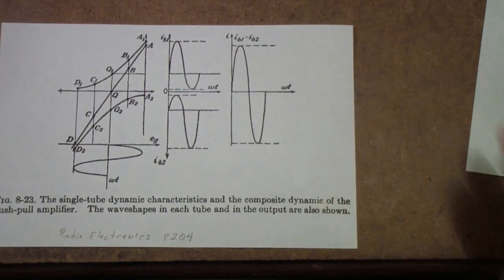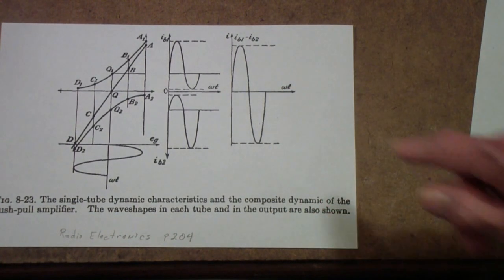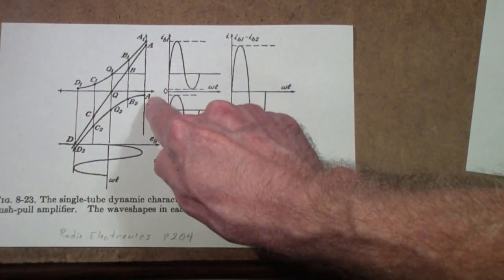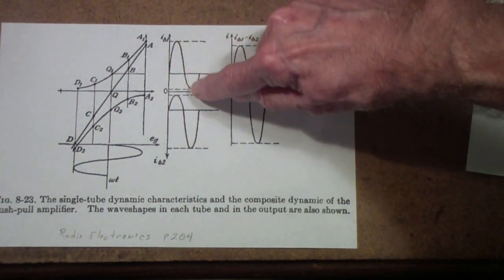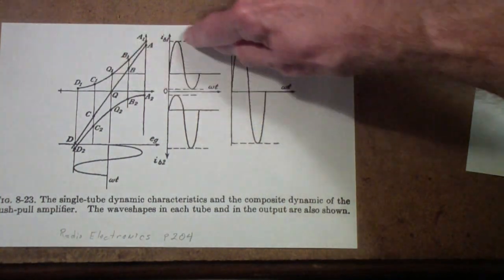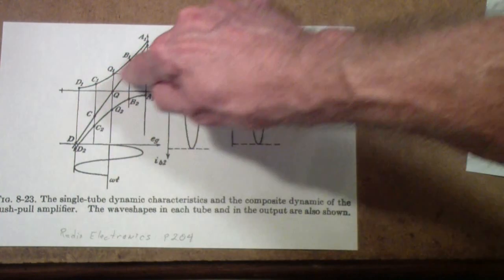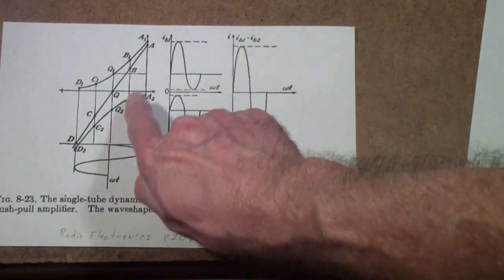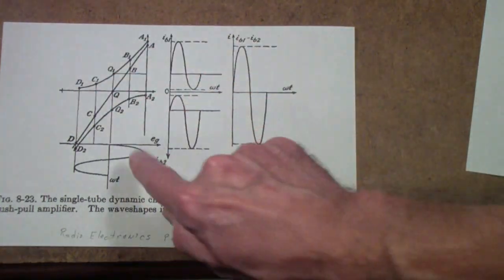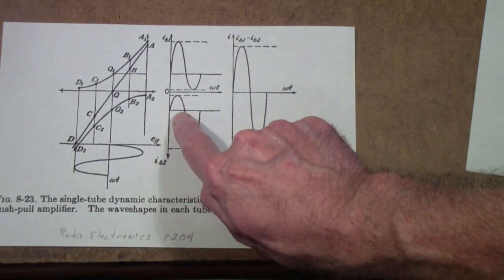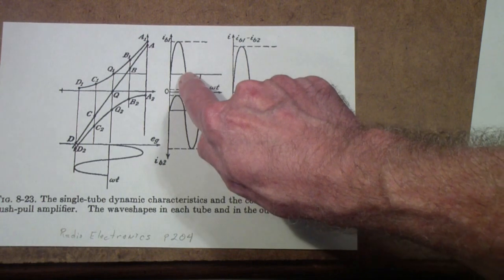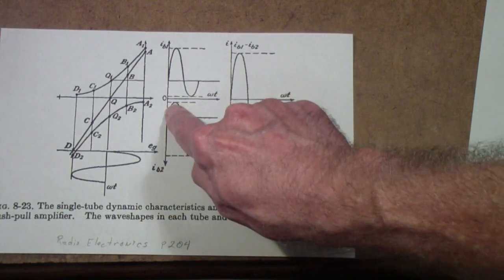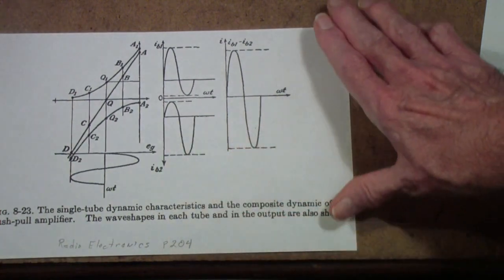from that same book, page 204, shows what happens when you put two tubes in push-pull. Suppose that you have a very nonlinear characteristic out of one tube, in other words, this big curve here, and the same characteristic, identical but in the other direction, in the other tube, so that the positive excursion of this tube is too much, the negative excursion is too little, and in the other tube it's exactly the opposite.